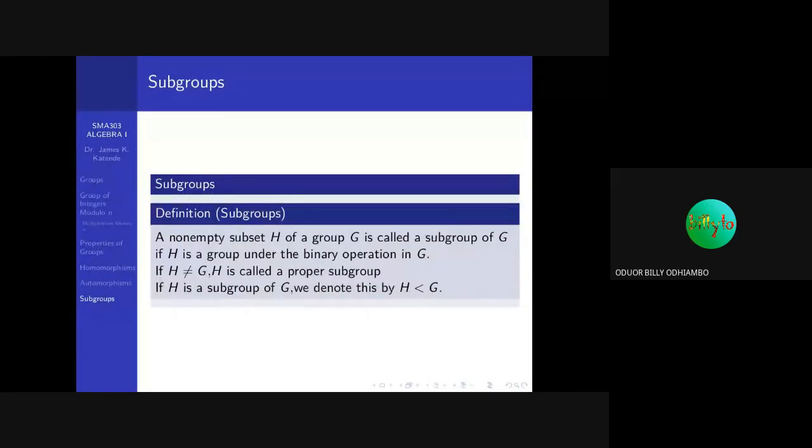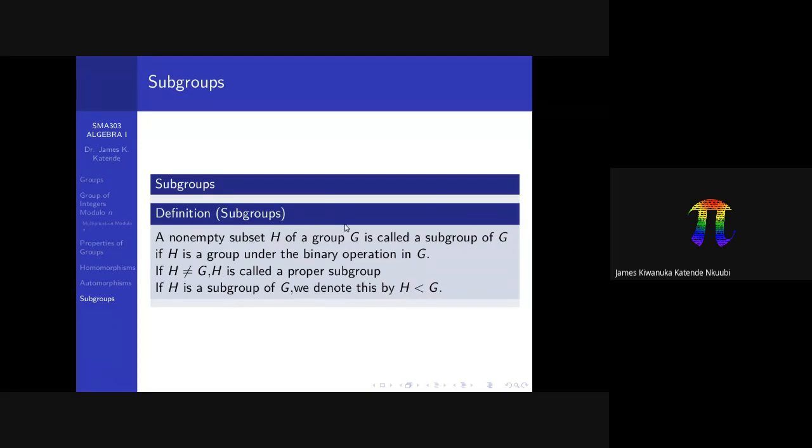Okay, so today we'll start on this topic of subgroups. We'll start with the definition.